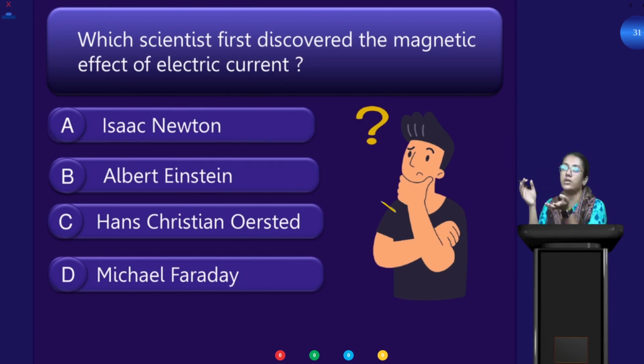Whenever there is electrical flow through an electrical wire, there is a magnetic effect generated around the wire. So who gave this idea for the first time?